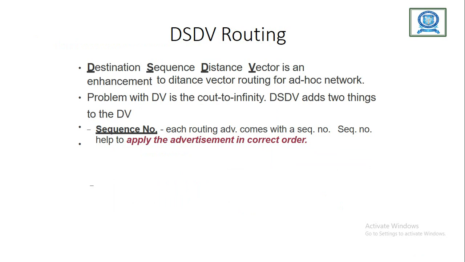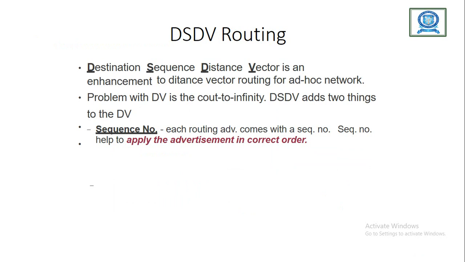DSDV, destination sequence distance vector, is a table driven routing protocol method. This DSDV is an enhancement of the distance vector routing protocol for ad hoc networks.